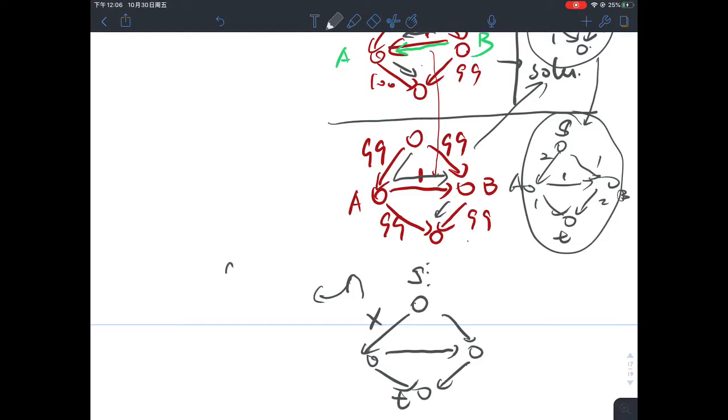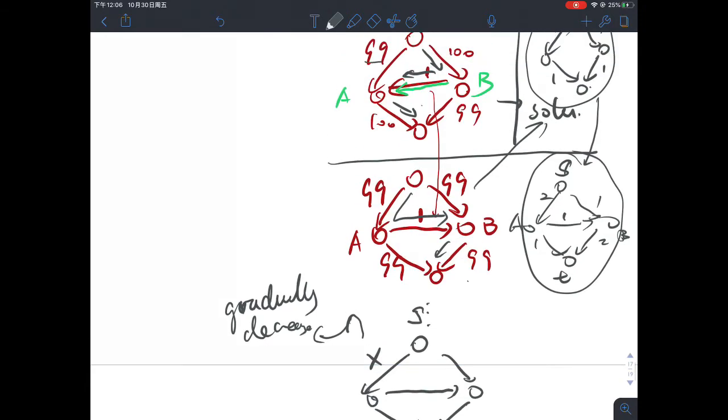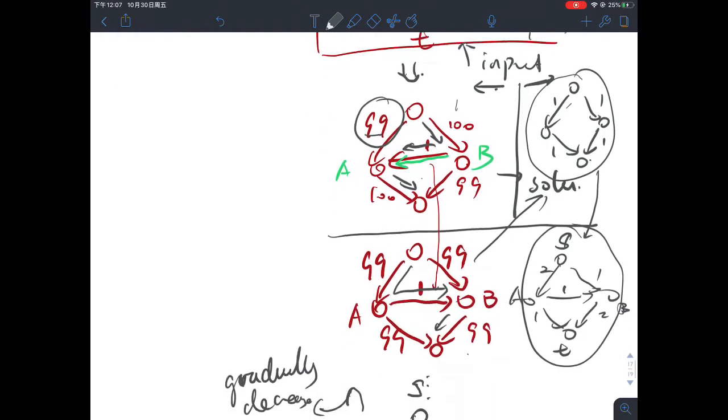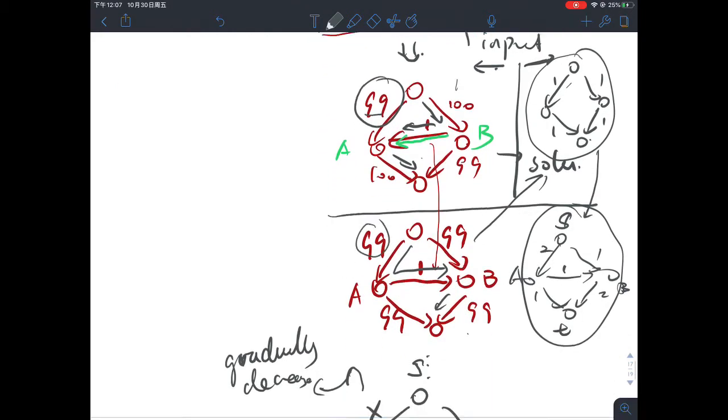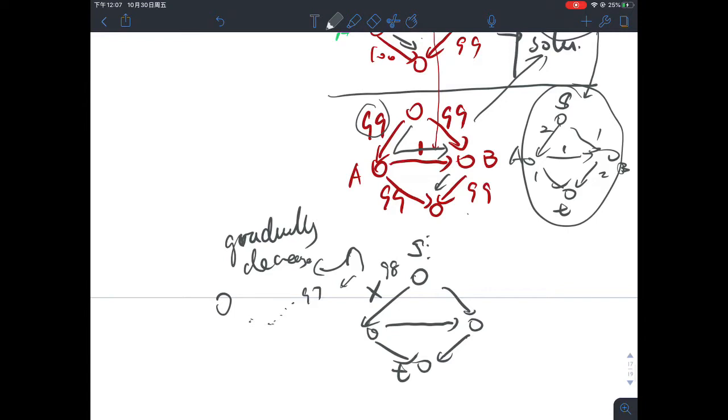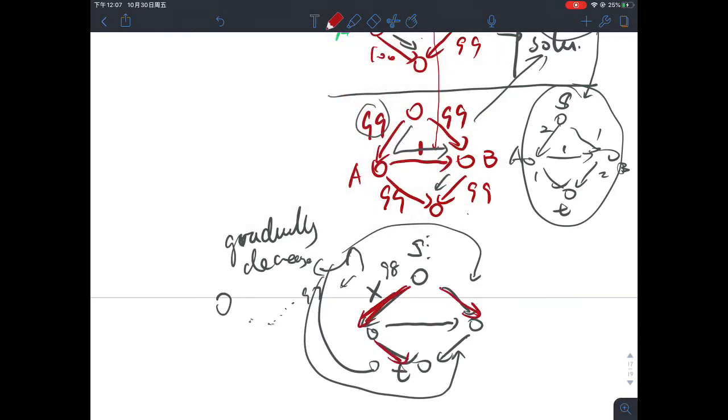You can see that it's moving from 100 to 99, and then after 99, it becomes 98, and then 97, and all the way slowly you will go down to 0. This is going to be true for all these four edges. All these four edges are going to gradually decrease, so they are going to have a very slow decrease rate.